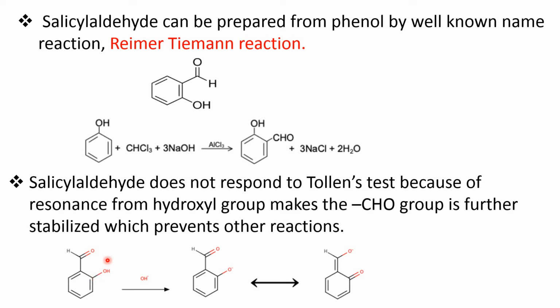So in alkaline medium, phenoxide ion is formed. Now, this phenoxide ion takes part in resonance with this aldehyde group. See here, this negative charge will come here, and then this bonded electron pair shifted, so we get these resonating structures. And because of this resonance, this CHO group is stabilized, which prevents other reactions like reactions with Tollens reagent, etc.